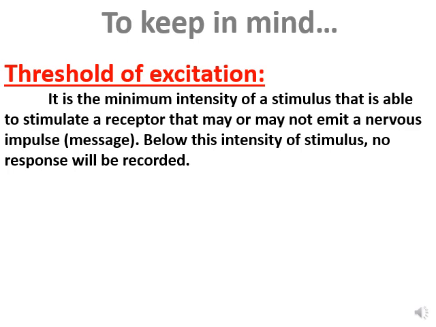Above 10 grams, the reaction works. So the threshold is the minimum intensity needed to cause a reaction. Let's say below an intensity of 10 ampere there is no reaction. So 10 ampere is the threshold of excitation.